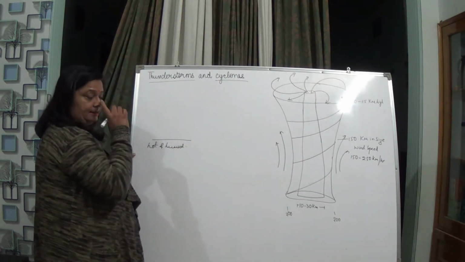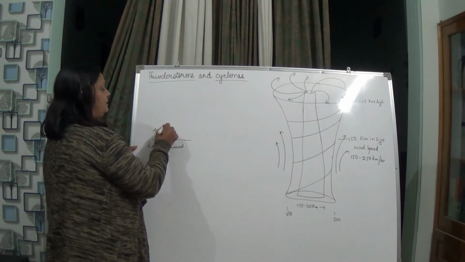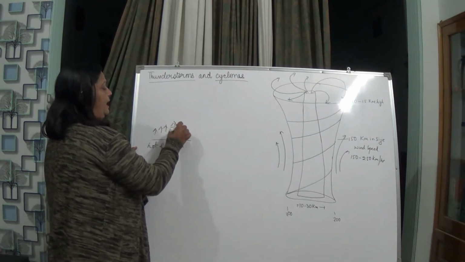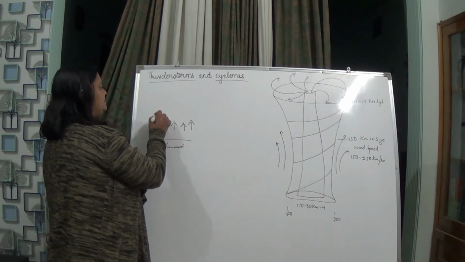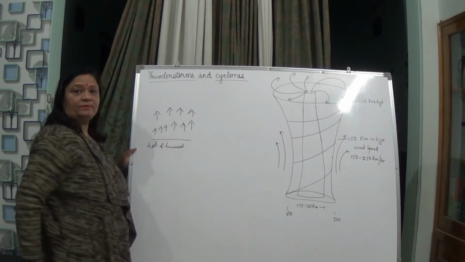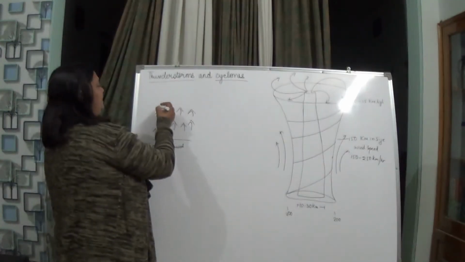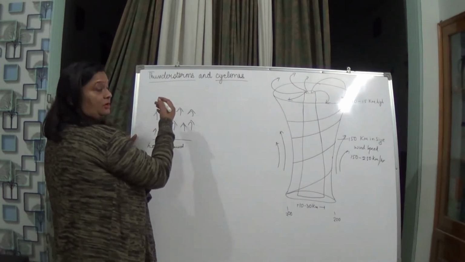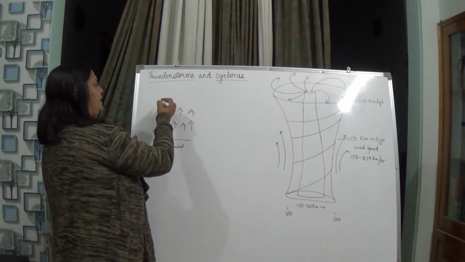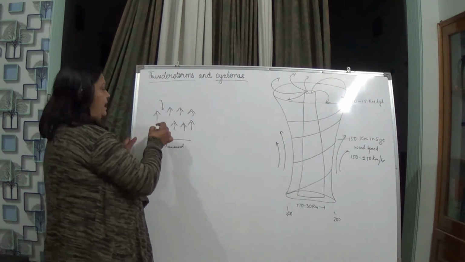As it is too hot, the air rises up, and as it rises up, it is carrying water vapors with it. At a place where it reaches a considerable height, it condenses and forms what? Rain, and it sheds down.